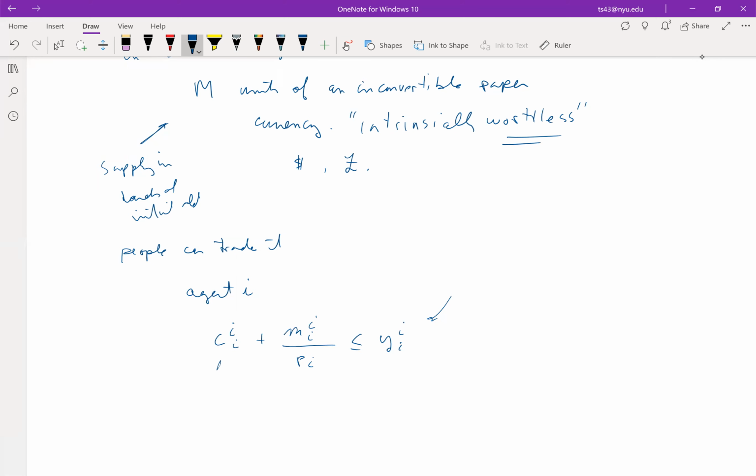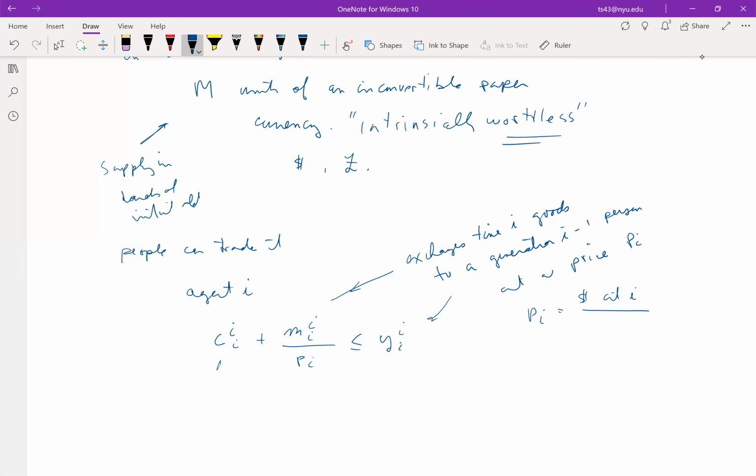The way it gets the unbacked currency is that, as a young person, it exchanges time I goods to a generation I minus 1 person at a price PI, where PI is dollars at time I per unit of consumption good at time I. It's the price level.